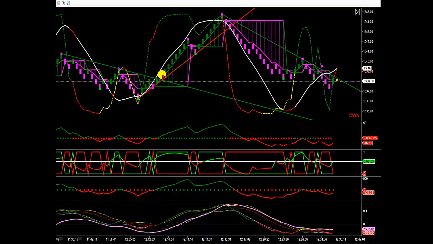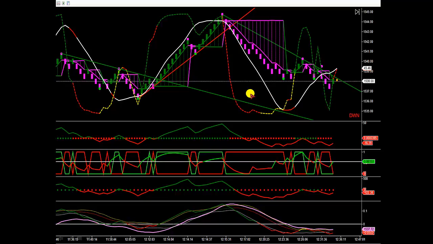There's better than a 90% chance if you go long here that this is going to be a profitable trade. Same token over here, when all this lines up like it does right here, then there is better than a 90% chance if you go short here that it's going to be a profitable trade.